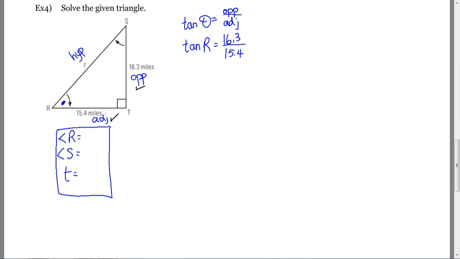Alright, so now we have the fraction, or the number over number, and we're going to change that to 5 decimal places. So 16.3 divided by 15.4. Tan R will equal, to 5 decimal places, 1.05844. I want to get R by itself, so I have to use the inverse of tan, tan to the negative 1.